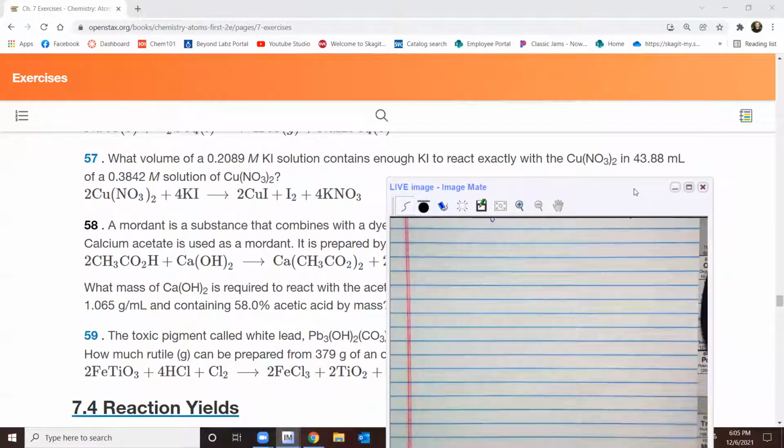So does somebody want to talk through the big principle that allows us to solve this problem? What does that chemical equation tell us that allows us to solve this problem?